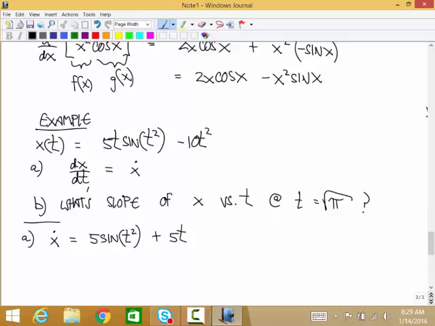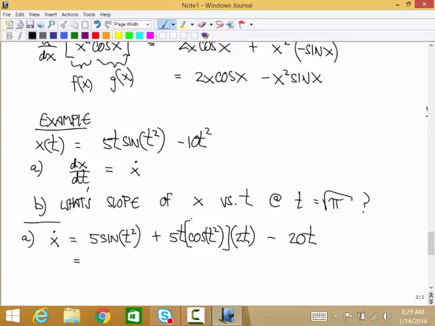Sine t squared is a function inside a function, so this is cosine of t squared times the derivative of t squared, so 2t. So this whole thing is the derivative of that first term, and then 20t is the second one.